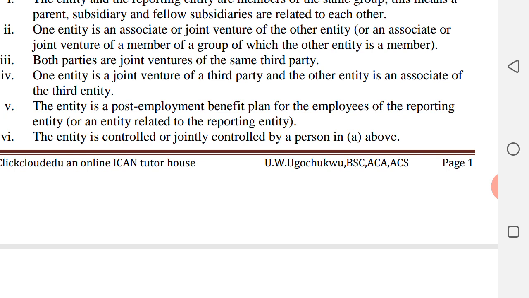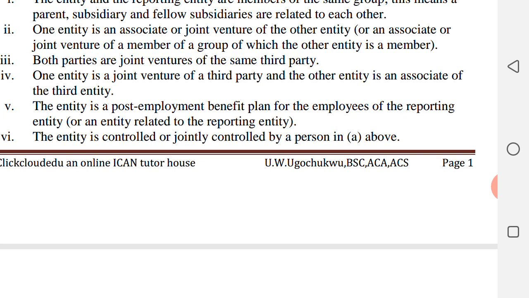The parent is a joint venture of the reporting entity, and the associate of that parent now transacts with the joint venture, which is the reporting entity. We say the associate company and the joint venture and our reporting entity are related parties.